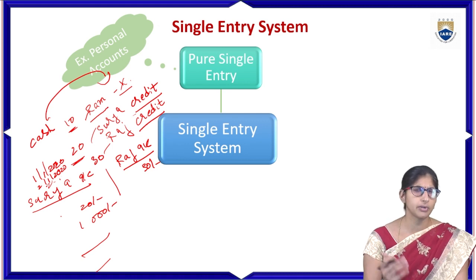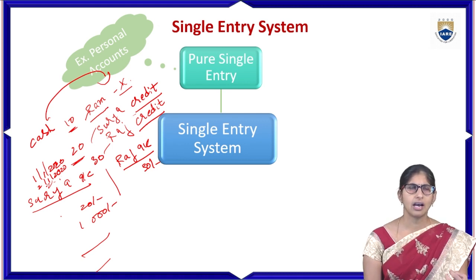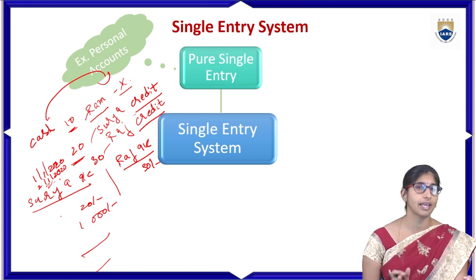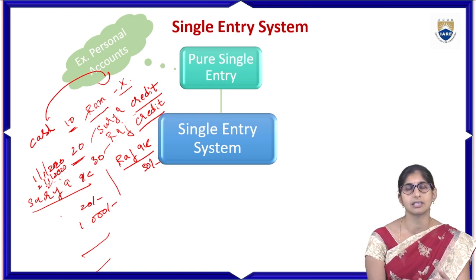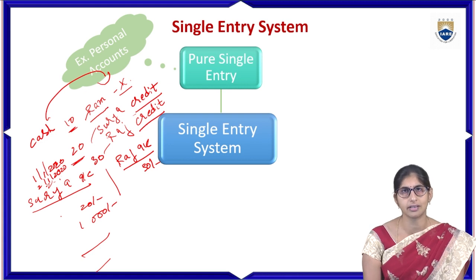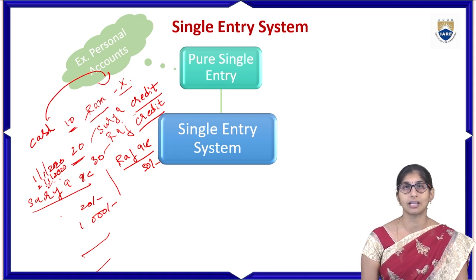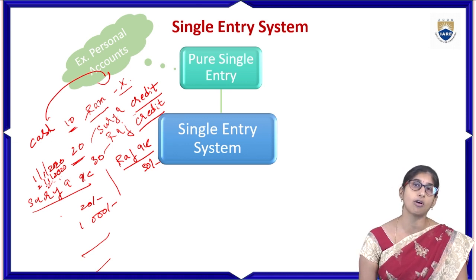We can say that all the unorganized sector deals with only single entry system. Why are they not following double entry system? Because they lack knowledge about accountancy.